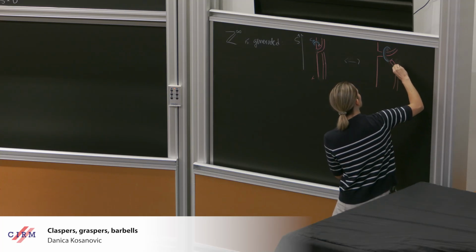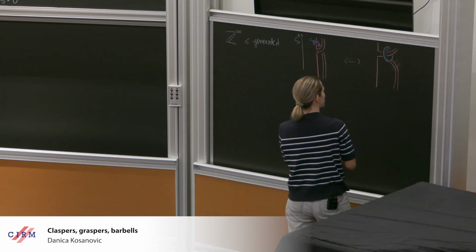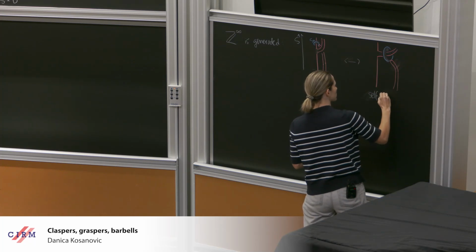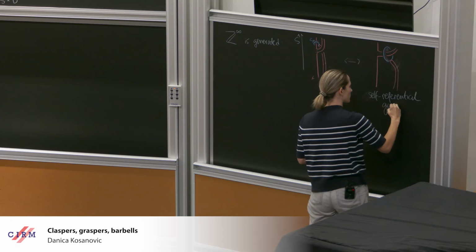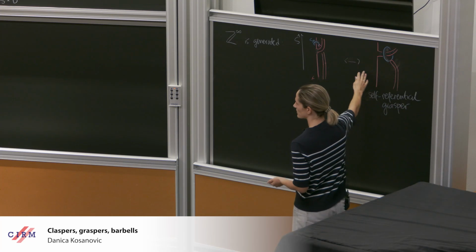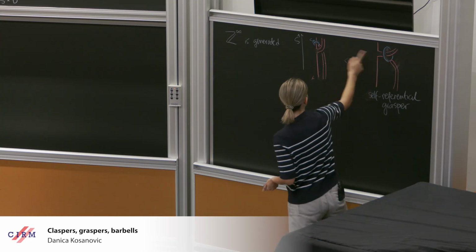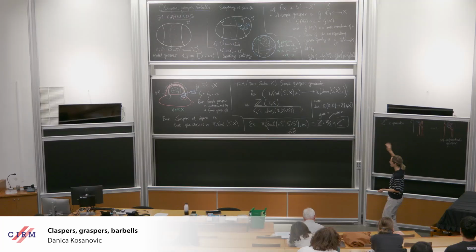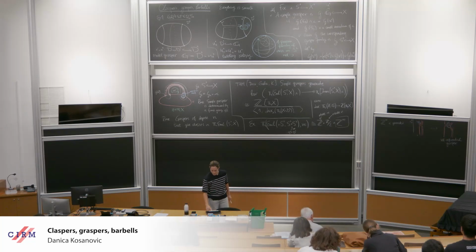And then you do the twirling motion around this. So this is called a self-referential grasper. Sometimes it turns out that for circles, maybe always, well, it depends on the base point, but instead of these you can consider these. But yeah, the theorem says that everything is generated by this. Okay.